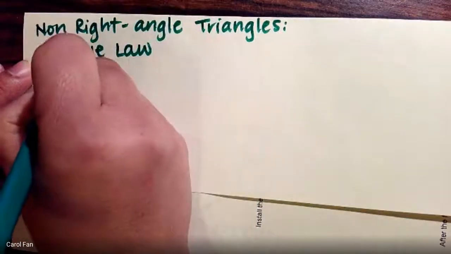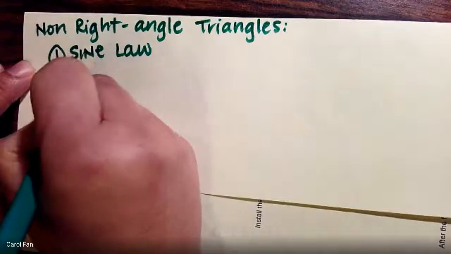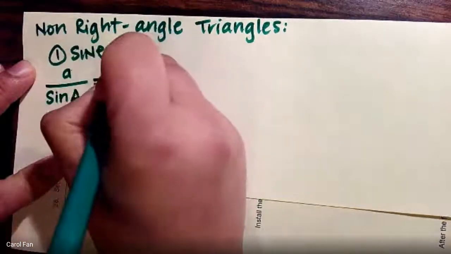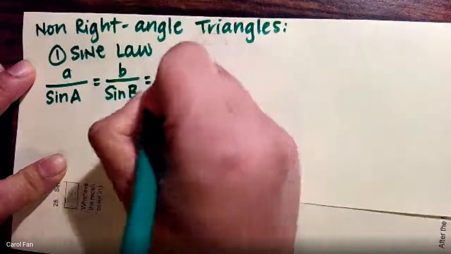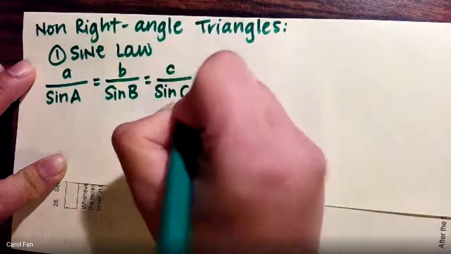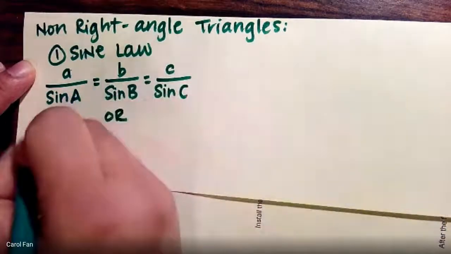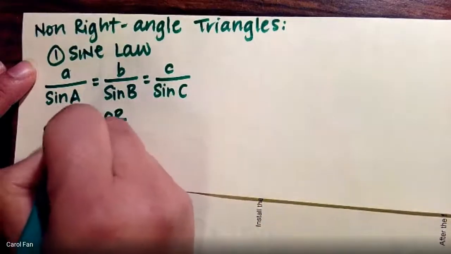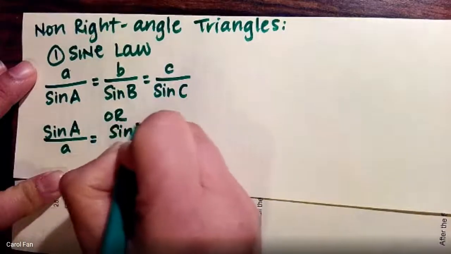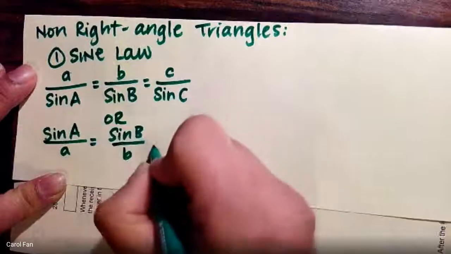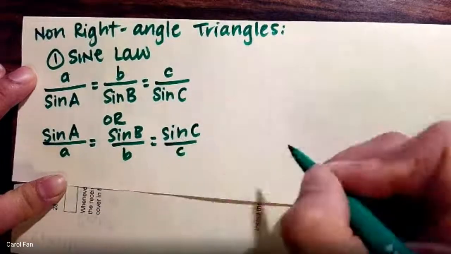Sine law states that the ratio of side A over the sine of angle A is equal to B over sine B, which is equal to C over sine C. Of course, you could rewrite it the other way around. So you could say sine A over A is equal to sine B over B, and that's equal to sine C over C.